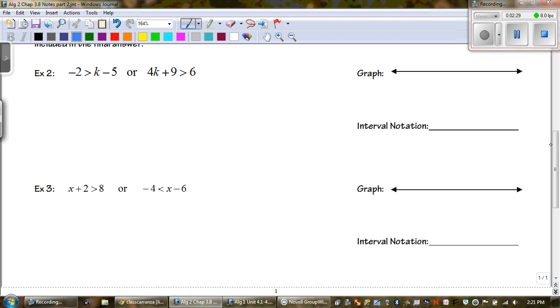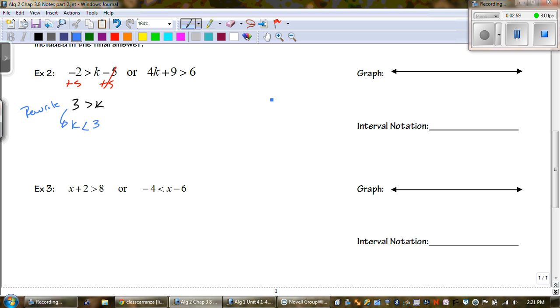All right, let's look at example number 2. We need to solve for k. Going to add 5 to both sides, and we get negative 2 plus 5 is 3 is greater than k. We want the variable first, so we're going to rewrite this. The inequality is pointing at the k, so I'm going to make sure it stays pointing at the k.